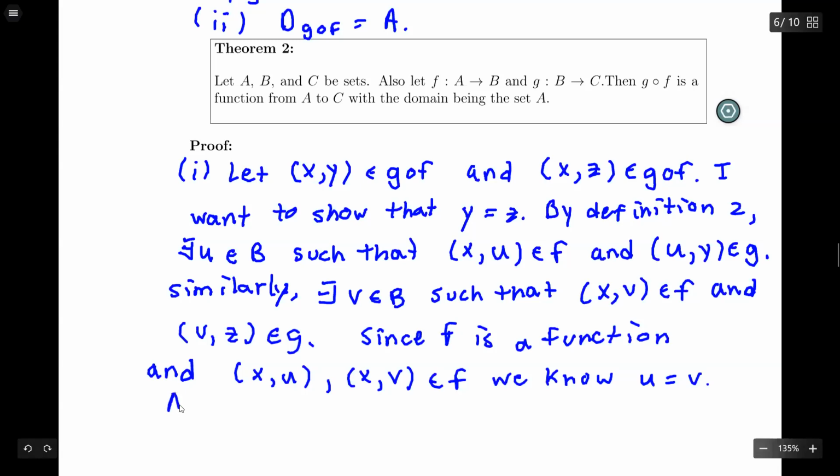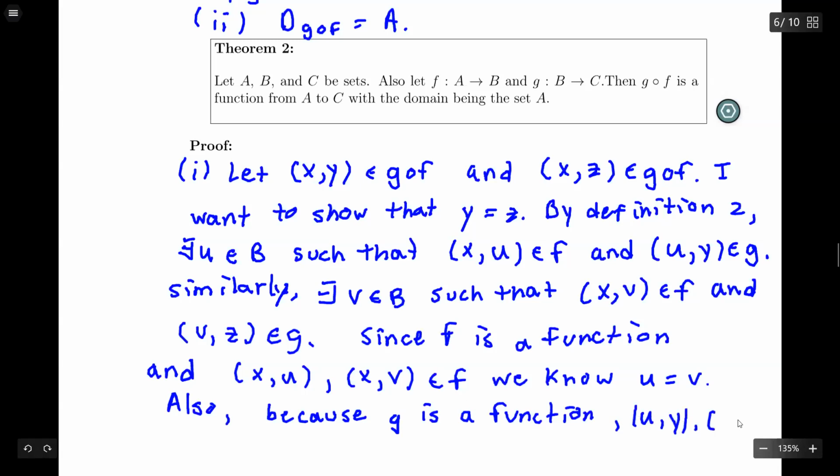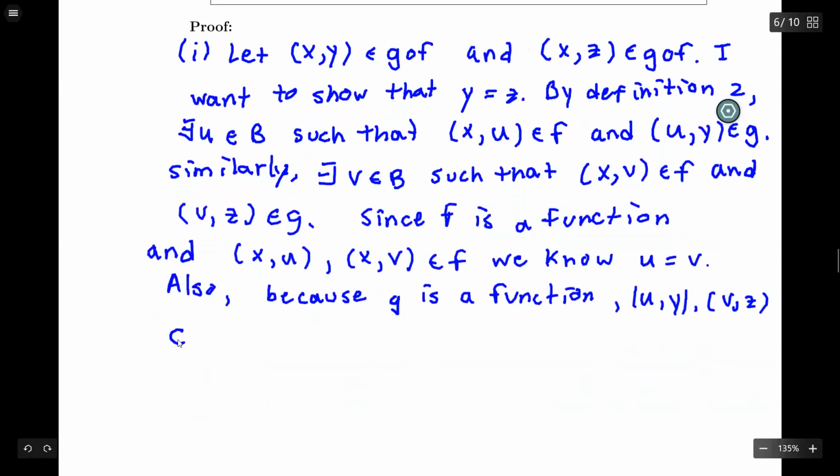Similarly, because g is a function, (u, y) and (v, z) are in g as well.